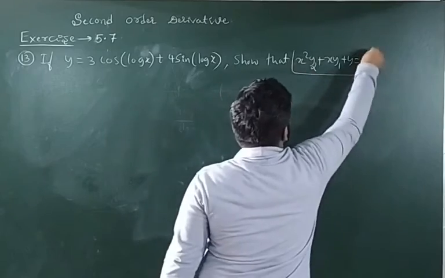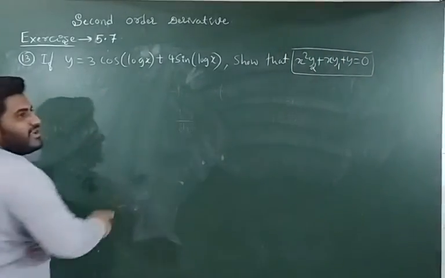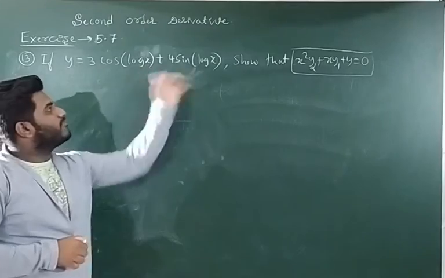So this we have to show here. What we are given with is 3 cos of log x plus 4 sin of log x.